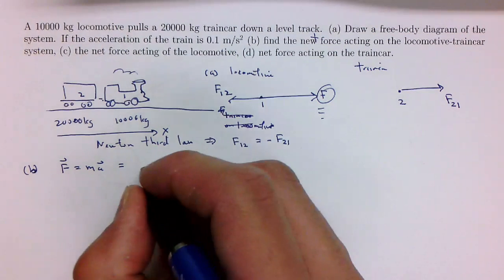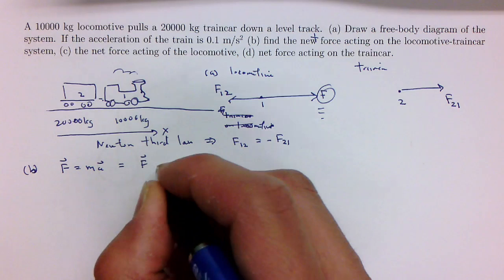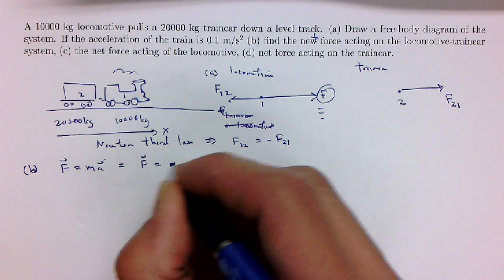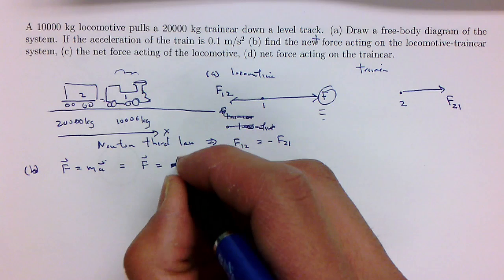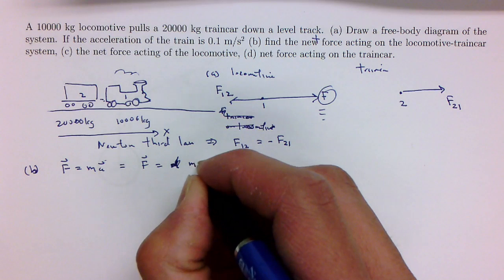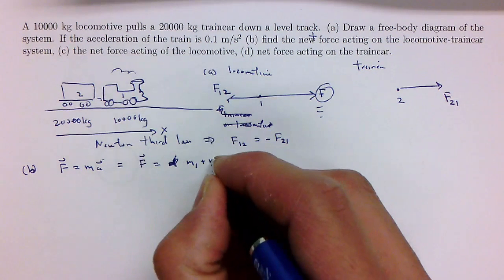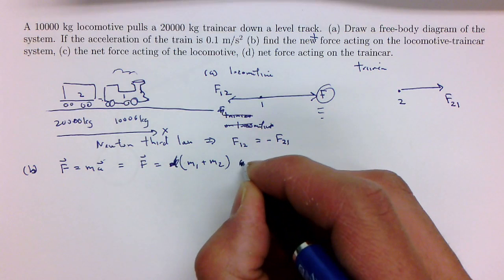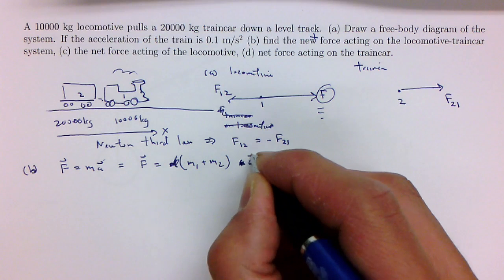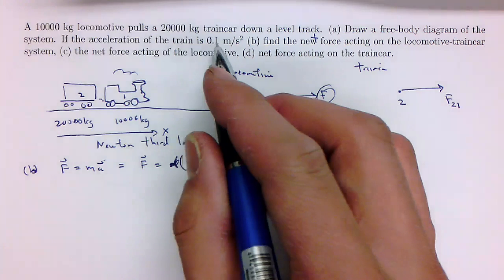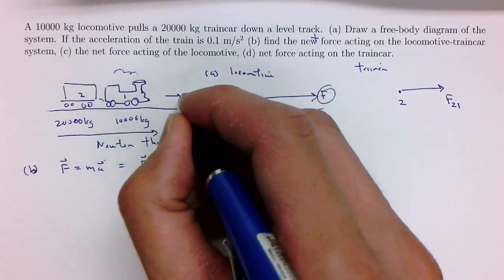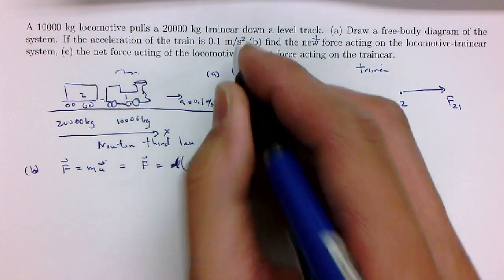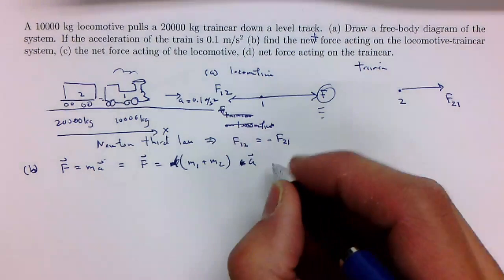So the force is going to be some force, which I don't know, equal to the mass of the two systems, the mass of 1, which is the locomotive, plus the mass of 2, which is the train car, times the acceleration. And the acceleration I know is 0.1 meters per second squared along the positive x direction.